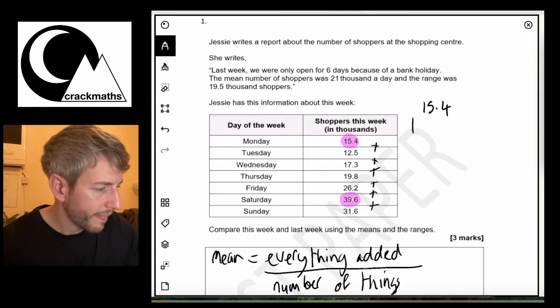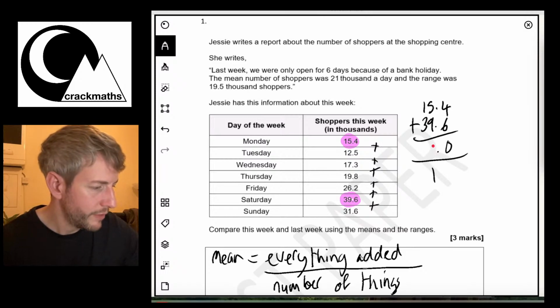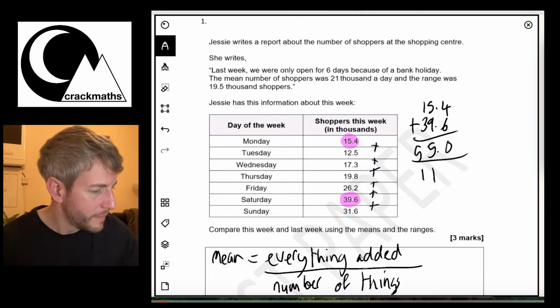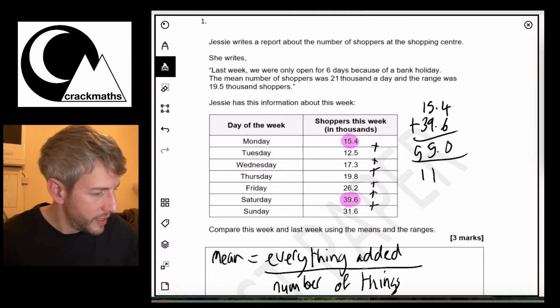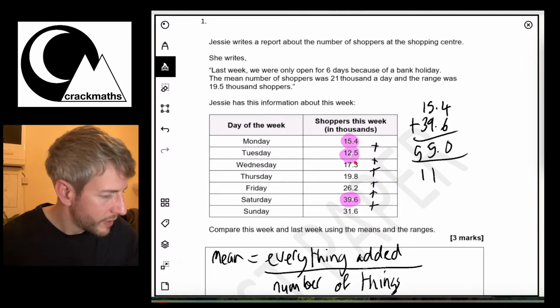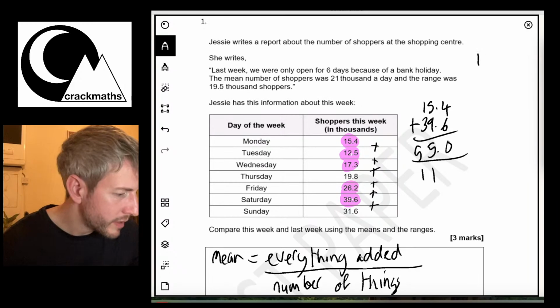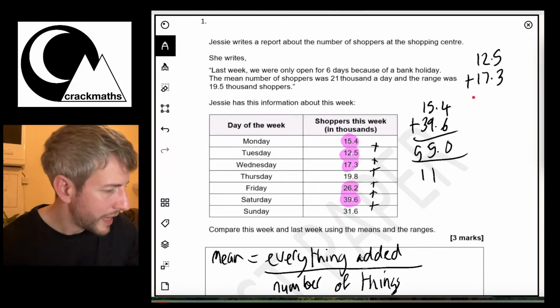15.4 add 39.6 is going to be 55. Let's add some more together. I reckon 12.5 add 17.3 add 26.2 is going to be quite nice. So let me do those.